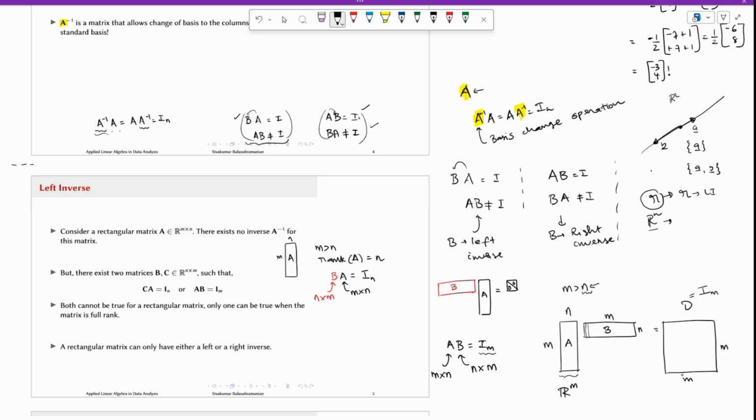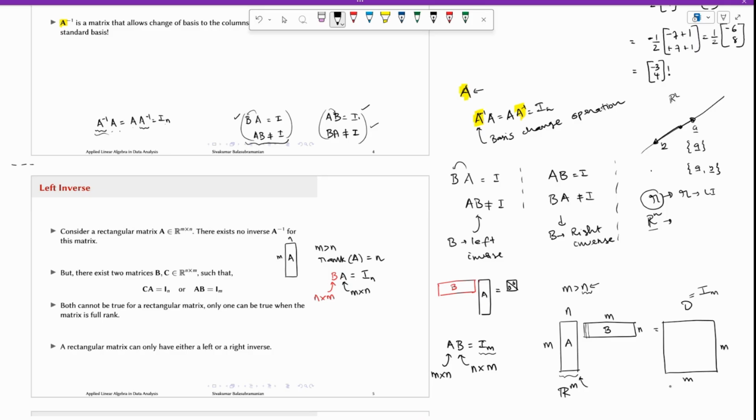Okay. So, coming back to this problem, the column space of A has a dimension n. That means we can only take n vectors and have the set be linearly independent. The moment you take anything beyond n vectors, you're guaranteed to have a set that is linearly dependent.